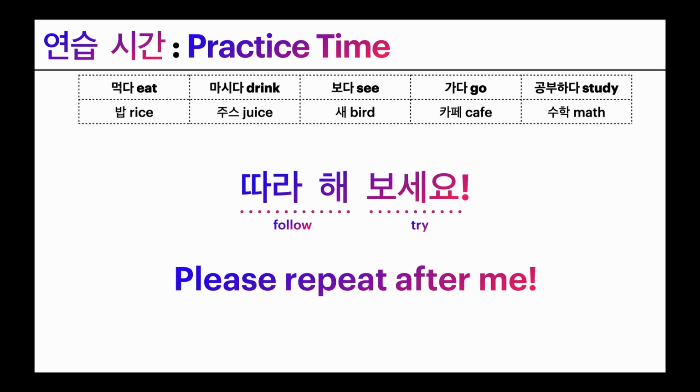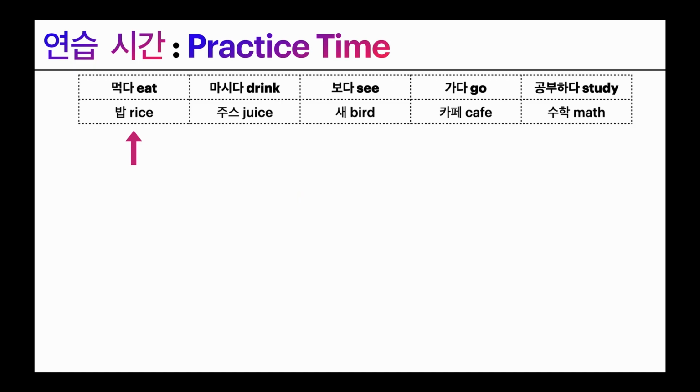따라해보세요. Rice is 밥. 밥. Juice is 주스. 주스. Bird, 새. 새. Cafe, 카페. 카페.